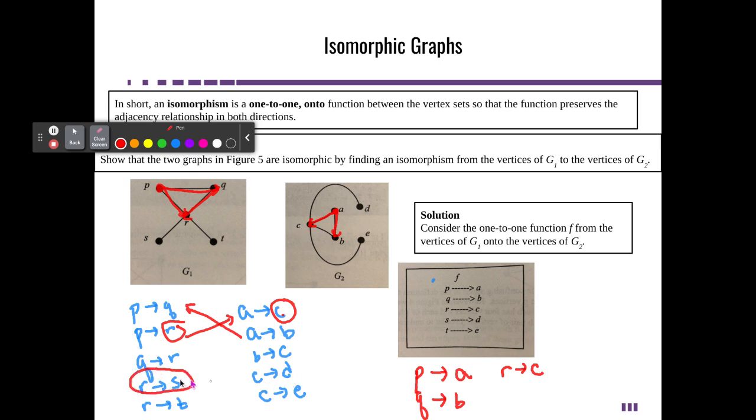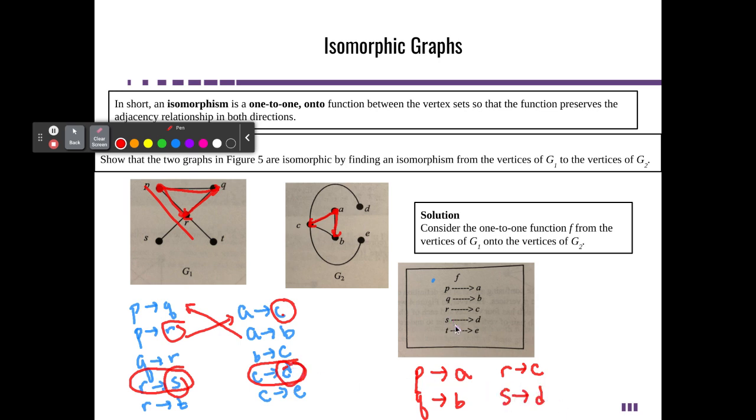We have R goes to S, and C goes to D. And since R goes to S and C goes to D, that means that S would go to D. So S and D are my one-to-one relationships here. So S goes to D.